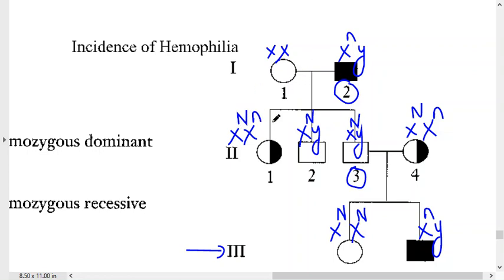And let's see, can we do mom? What must mom be? Well, she herself is normal, so she must have at least one capital allele, a dominant allele. Could she be a carrier?